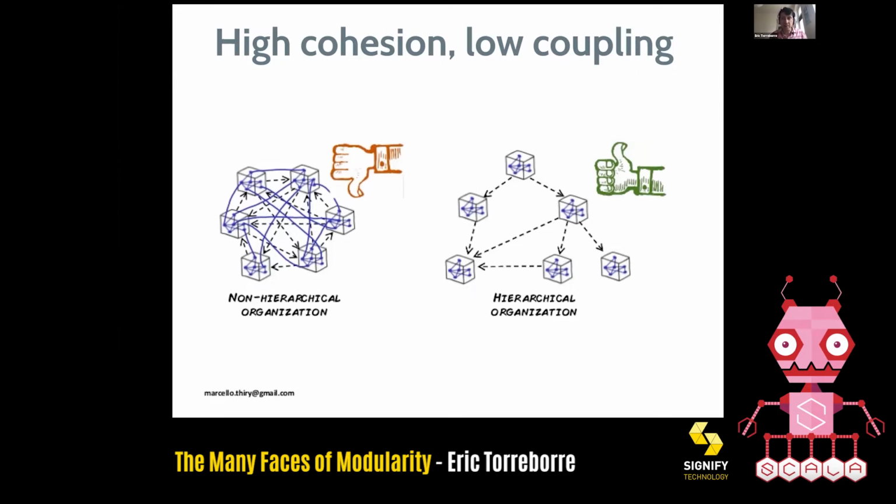Not only is it hard, but it's something that's going to evolve. As you understand more and more about what you are doing, as you're getting more and more requirements, you will have to reorganize your system. You will have to reorganize your components to split some interfaces and do things like this. But the goal you're looking for is high cohesion inside a component, where things can talk together really freely, and low coupling, like the minimum number of dependencies on the rest of the world.